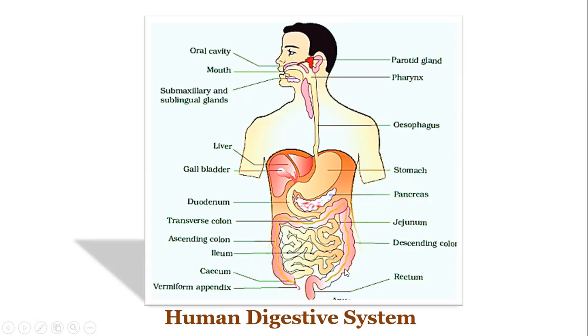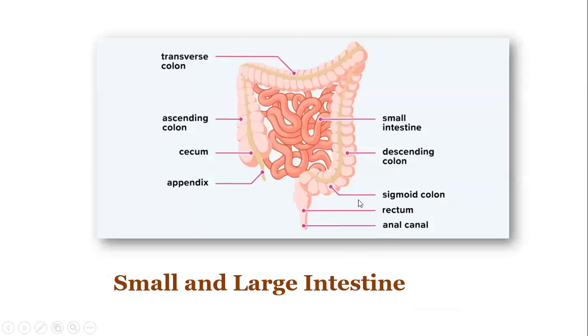Let's look at a more detailed picture, which is clearer. Here is the small intestine, the ileum, and then it opens into the cecum of the large intestine. The cecum is a sac-like structure, and then you have the colon and then the rectum. This is the rectum, and this is the colon, which has the ascending, transverse and descending parts.